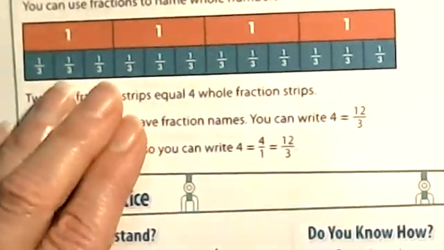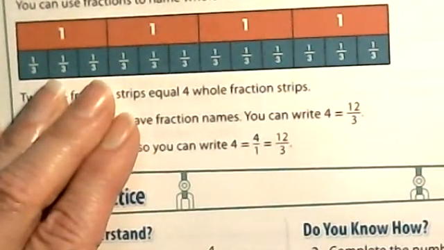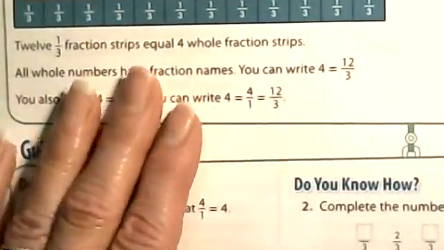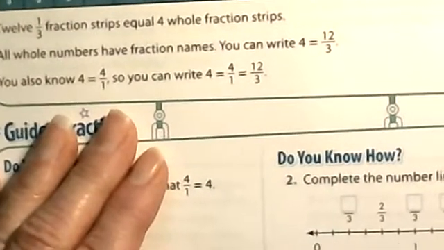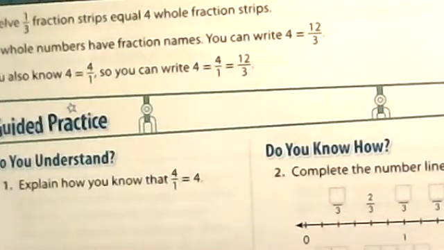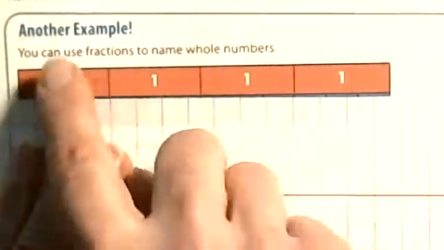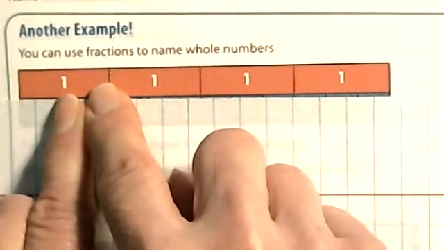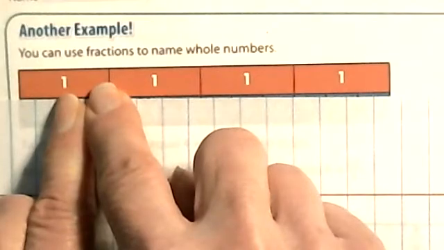Let me cover this part up. Okay, so 4 over 1 means there are 4 pieces, and each of the pieces is just broken up into one part. 4 wholes, and each of the wholes is just broken up into one part.